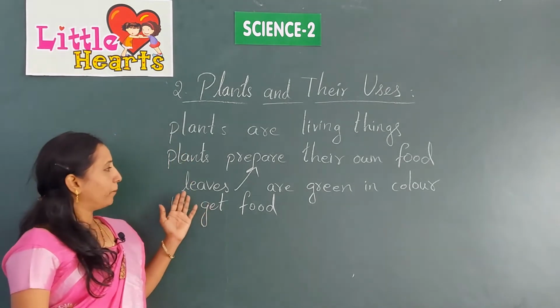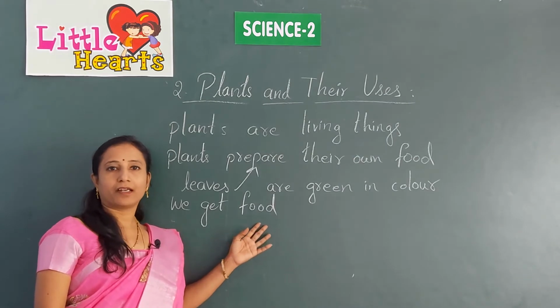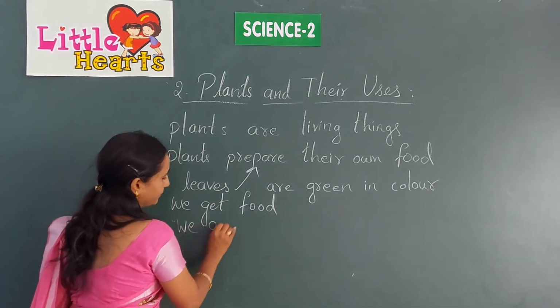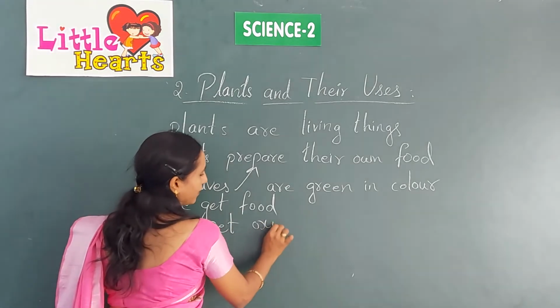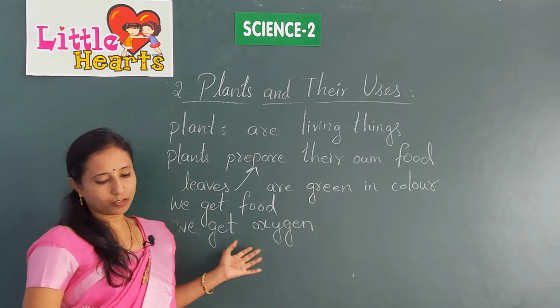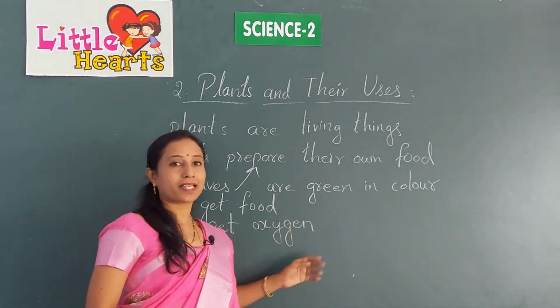From plants we get food, and we also get oxygen, which helps us to survive.